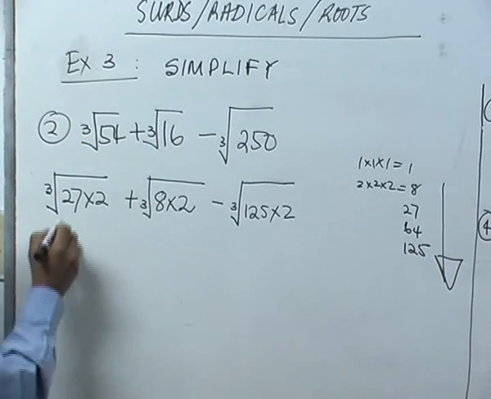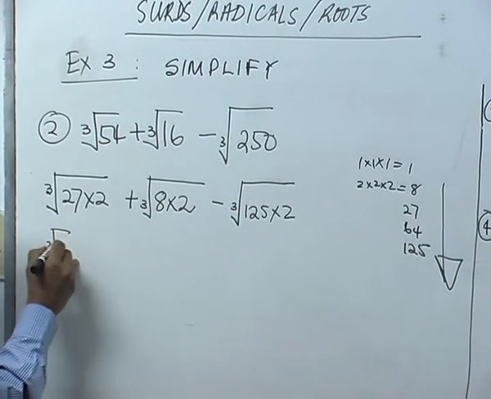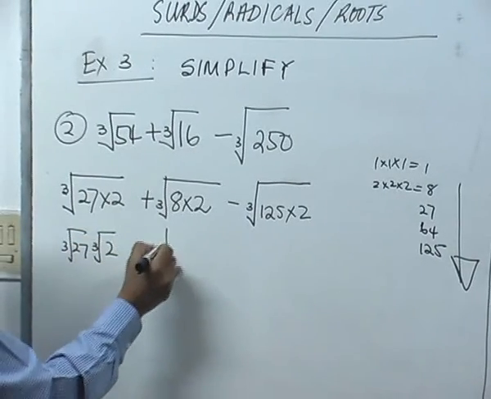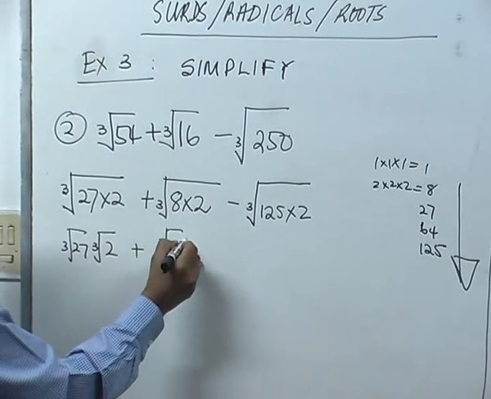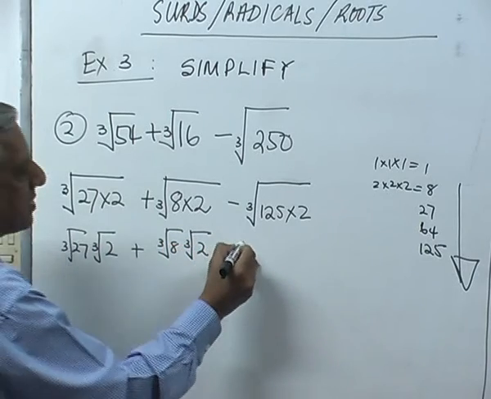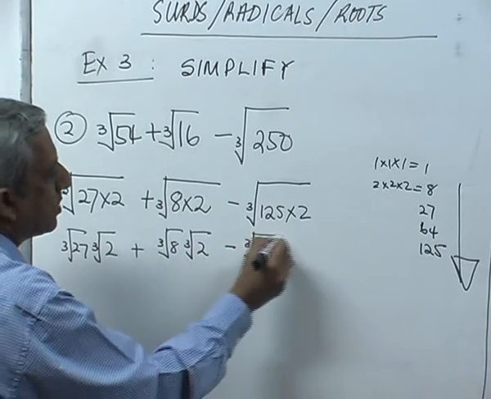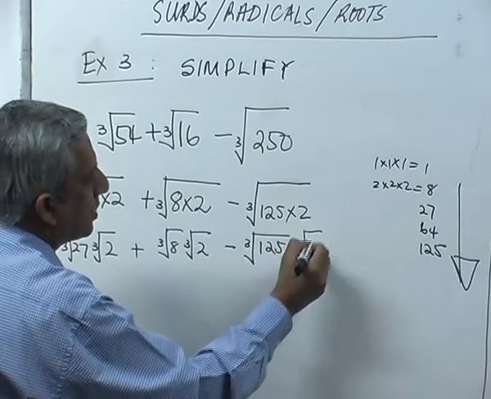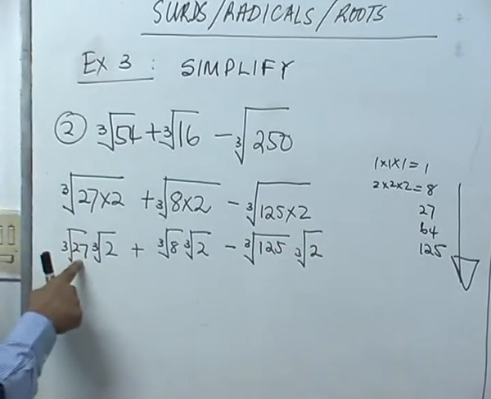Right. So this will become cube root 27, cube root 2 plus cube root 8, cube root 2 minus cube root 125, cube root 2. Cube root 27 is 3.